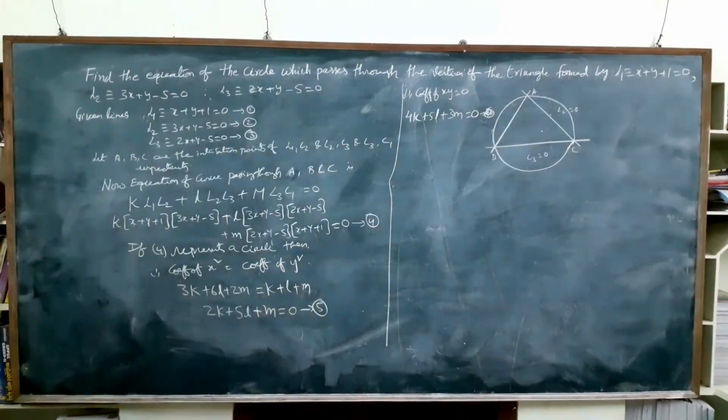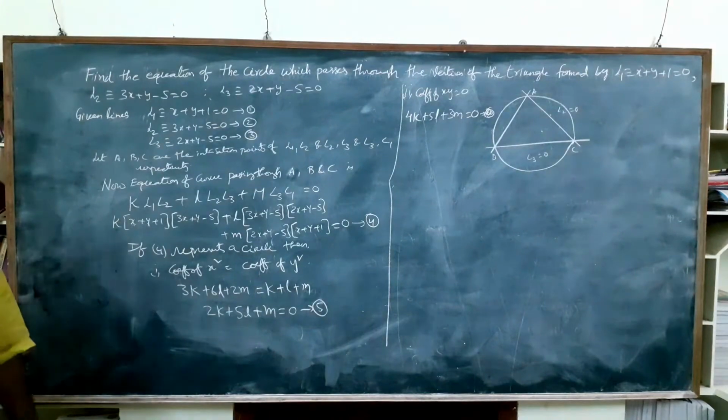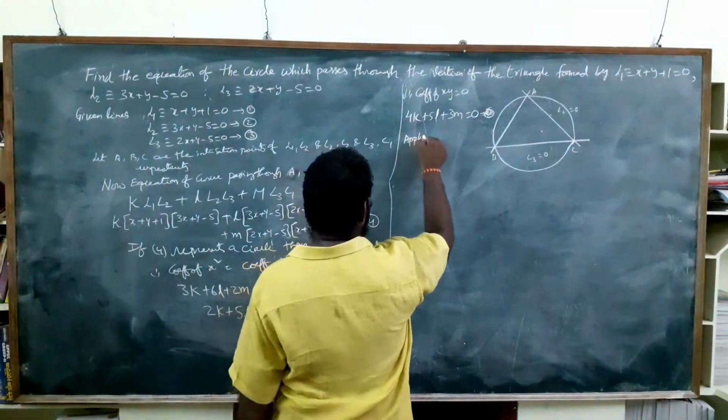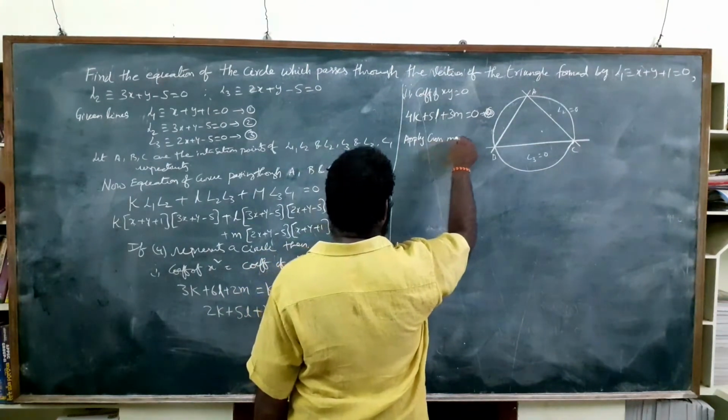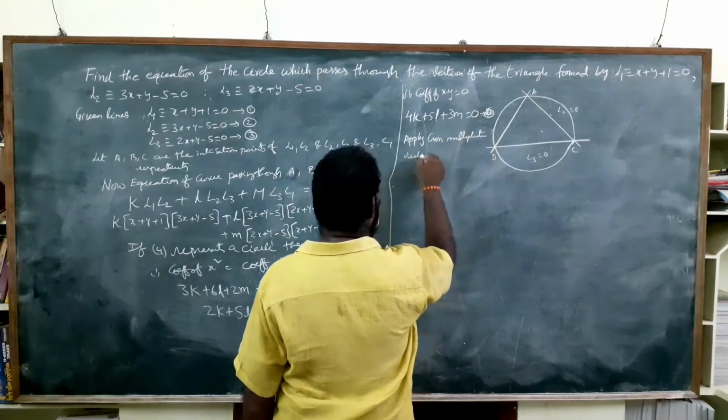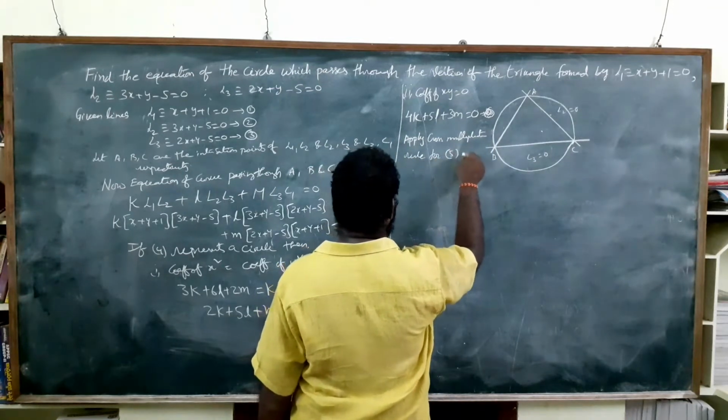Now apply cross multiplication rule. Apply cross multiplication rule for 5 and 6.